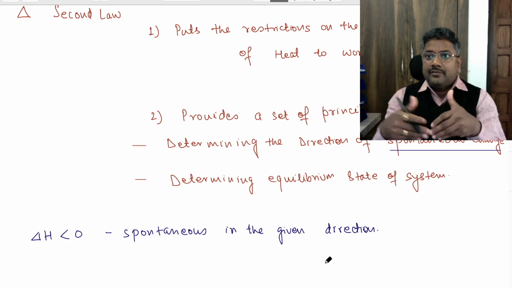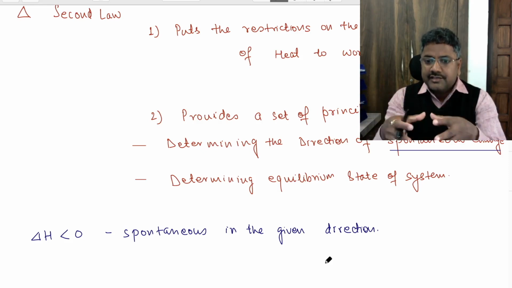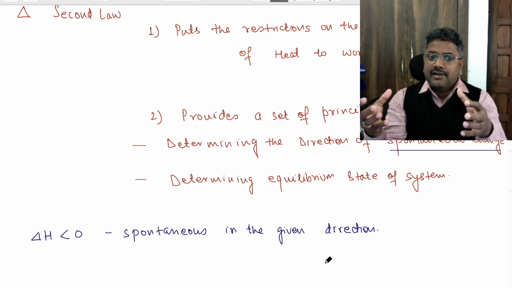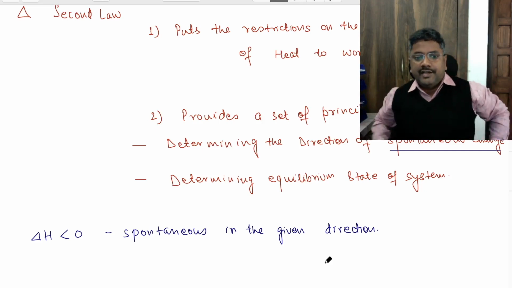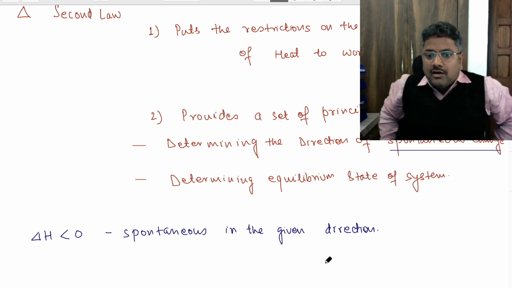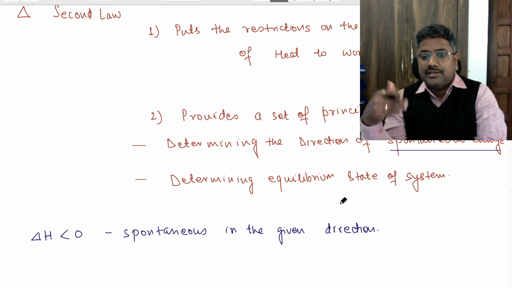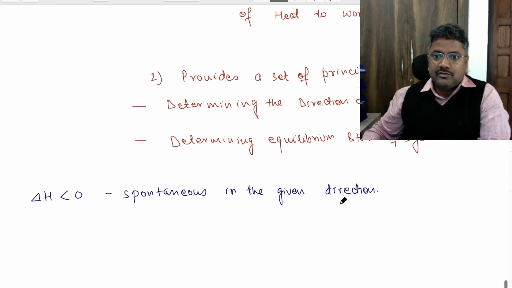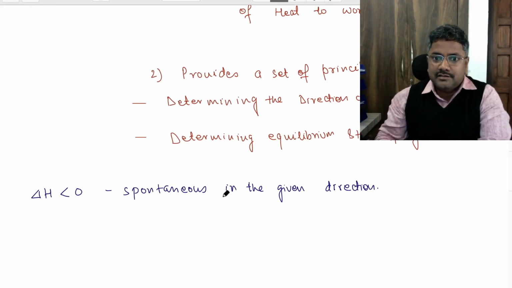So we have various physical, chemical and biological processes which are spontaneous in a given direction and do not have delta H less than 0, and proceed in the given direction without changing energy, right? So this statement is not always true.